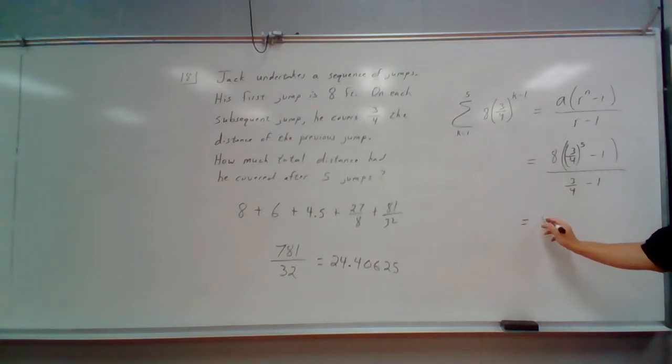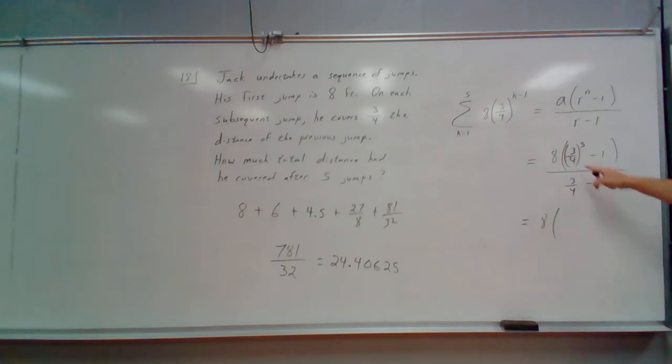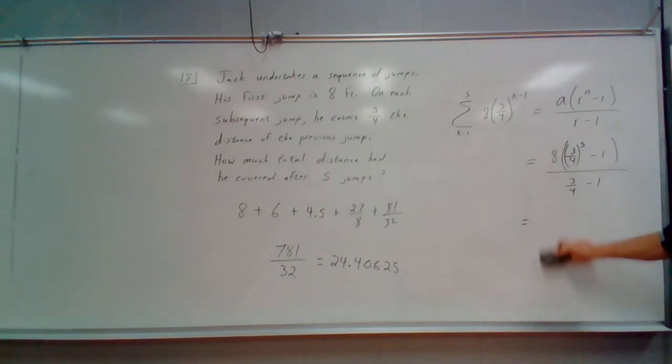And then I would have 8 times 3/4 to the 5th, which is some big number, minus 1. I get some crazy number here, so I'm just going to type all this in my calculator. Divided by 0.25, when I put all that in my calculator, I get the exact same thing I got over there. So 781 over 32.